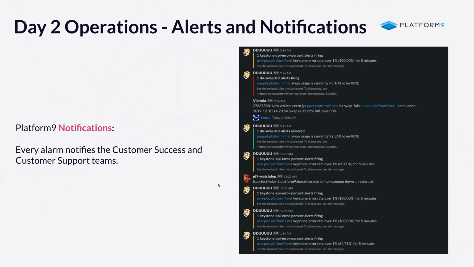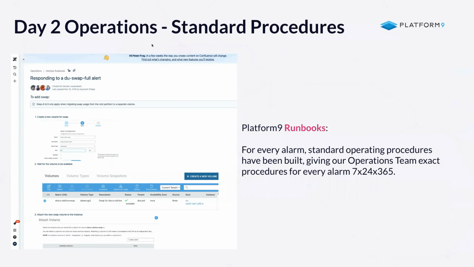So our customer success and customer support teams can see an alarm and know exactly how to react to help troubleshoot and resolve it much faster. Here's an example of a swap full alert that you might get on our control plane or even in your environment. It's a detailed wiki that goes step by step on what our support teams need to do to fix the problem.